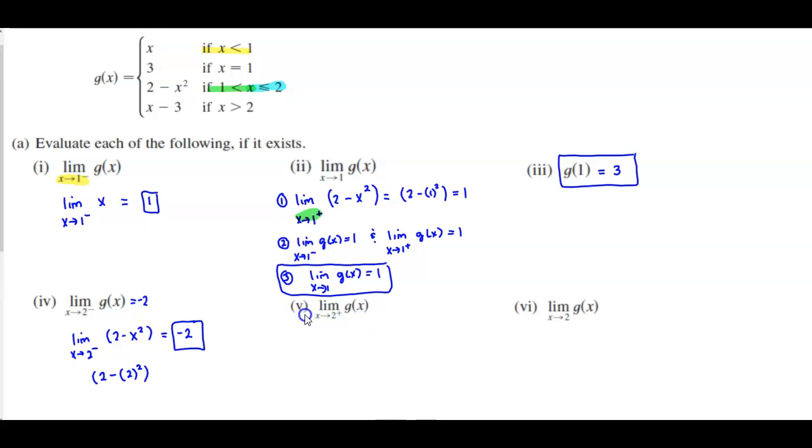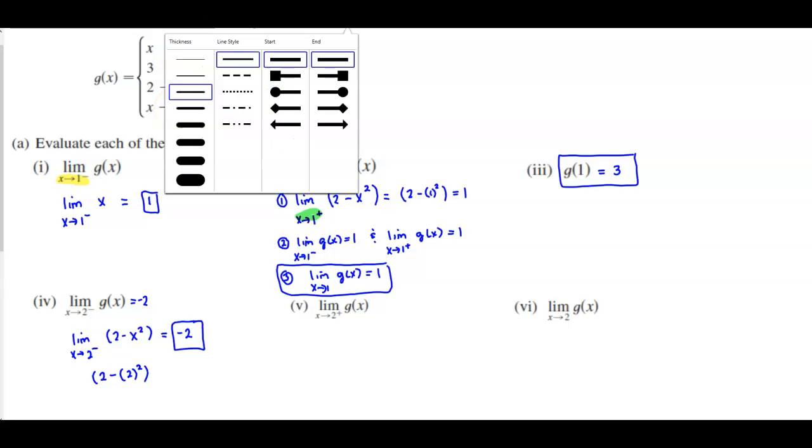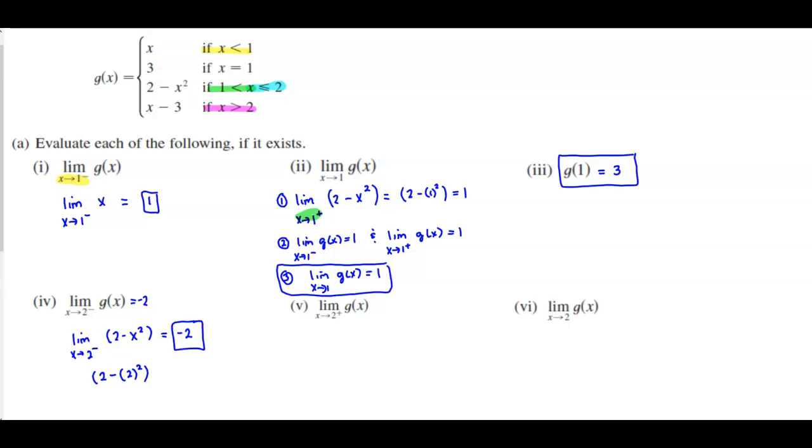Okay, now for part 5, we want to find the limit of g of x when x is approaching 2 from the right. So we need to look at the restriction. 2 from the right is coming from when x is greater than 2, and that represents this scenario, so we need to use the function x minus 3. That means we want to find the limit as x is approaching 2 from the right of the function x minus 3.